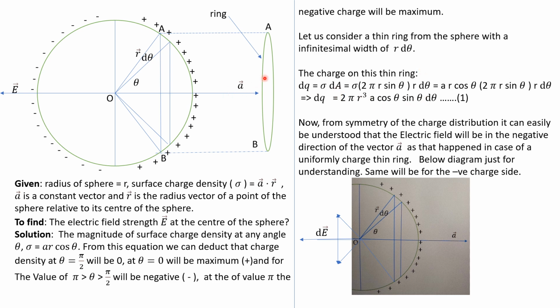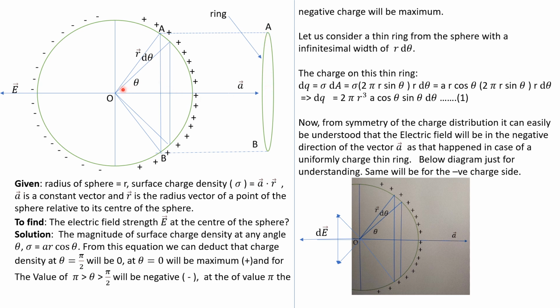Now if we have to calculate the charge on this thin ring, what will you do? Say it is dq charge for this dA area ring. How will you calculate dA, the area of this ring? You need to know the radius of this ring.